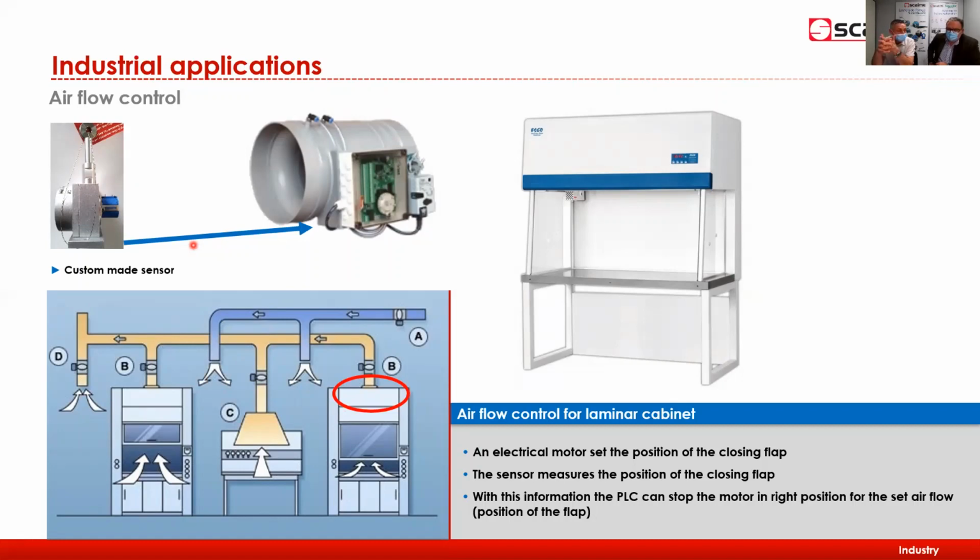So you can regulate. In other terms, if the operator opens the door, it will require more flow. Then it will give the signal to the little controller of the engine that the flap can move to a good position, as the sensor checks that it is in a good position. All right, so that's an interesting application. This is very much used in laboratories and the medical industry.